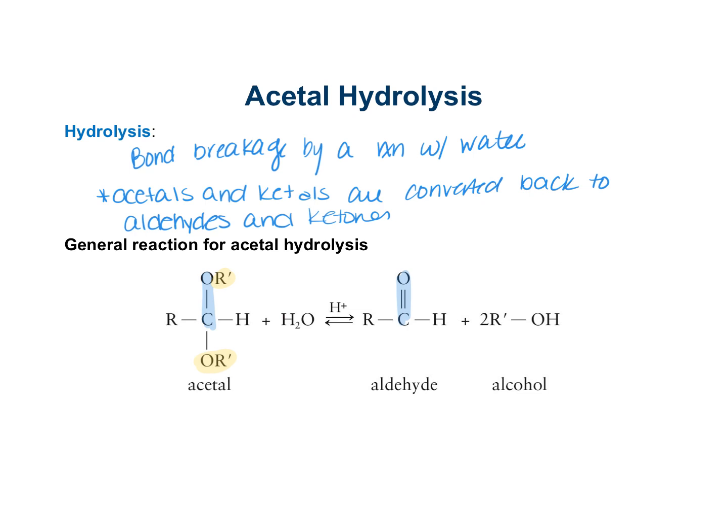And those instead come to form the two alcohol groups here. So it's just the reverse of that reaction. This type of reaction causes the compound to split back into its component substances by adding water, and that's why it is called hydrolysis. And I like to think about it, you want to be really hydrated.